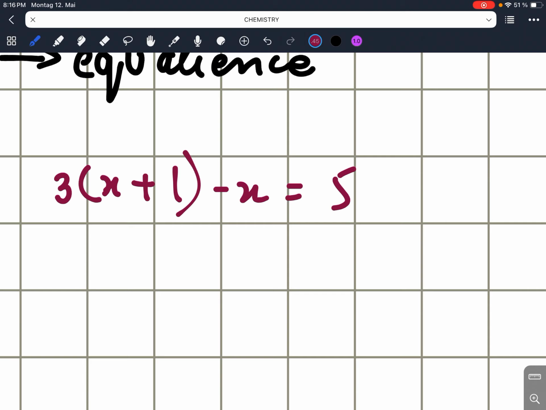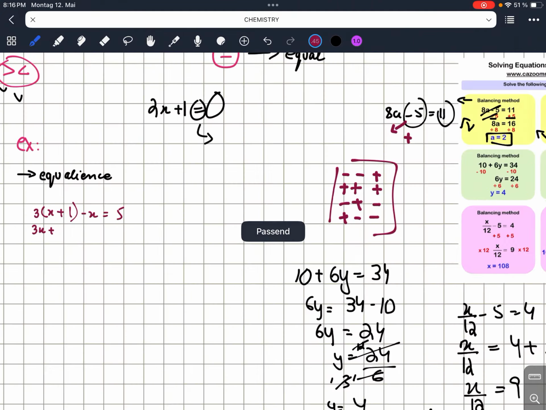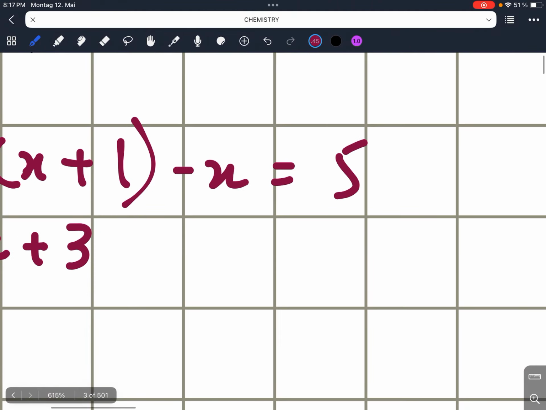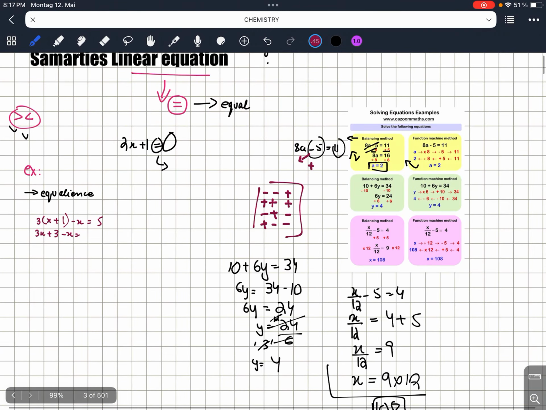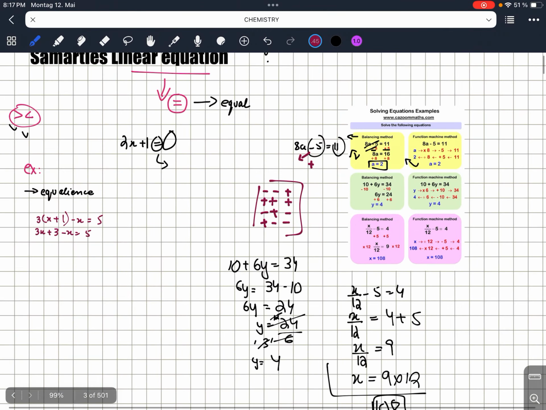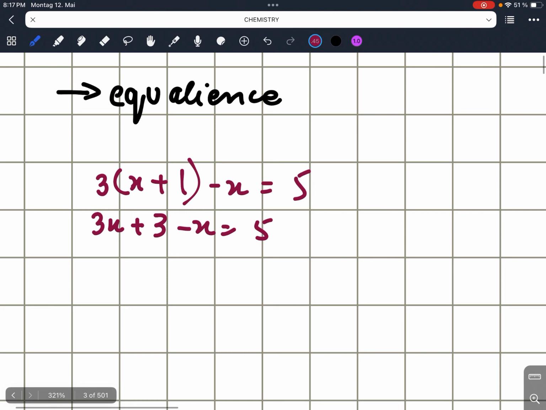This is a very simple thing. What is the first step that we are going to take while solving this equation? What do you guys think? I think I will first of all open the bracket and solve it. So 3x + 3 - x = 5, right? This is very simple.